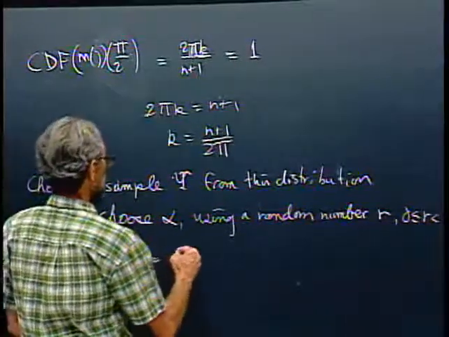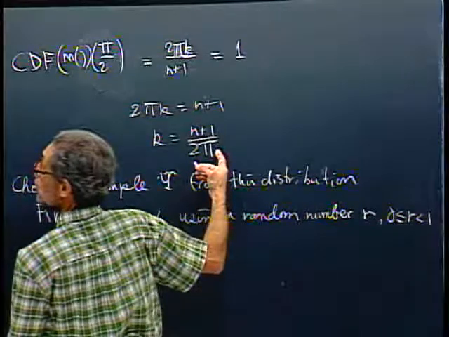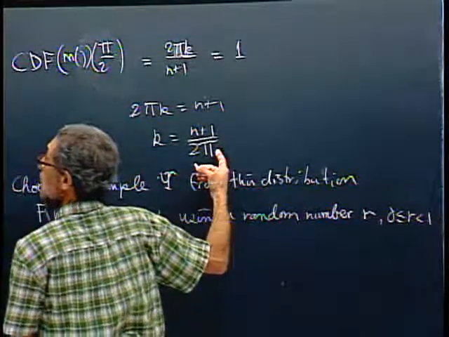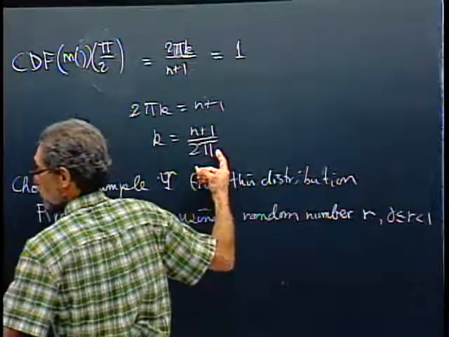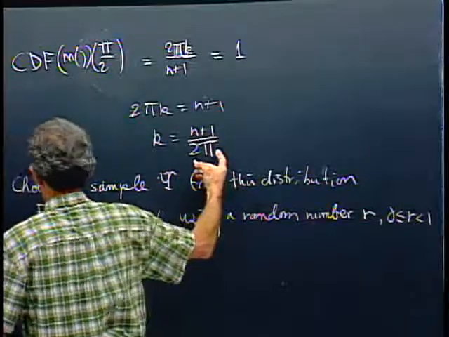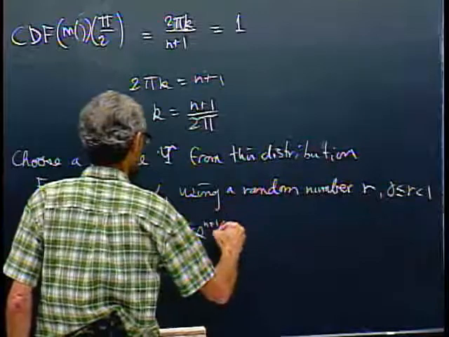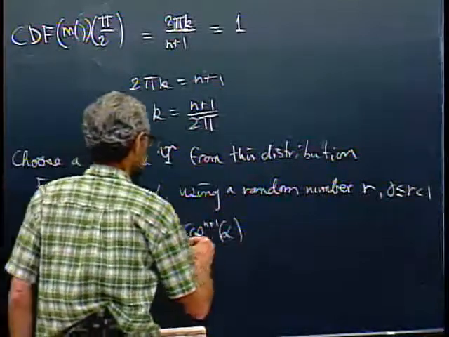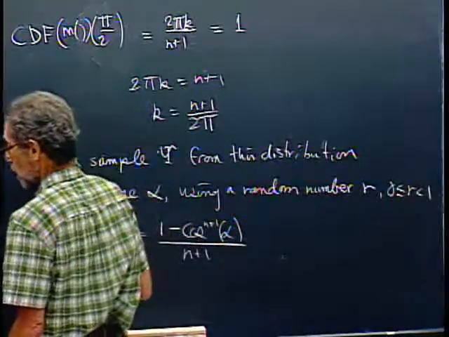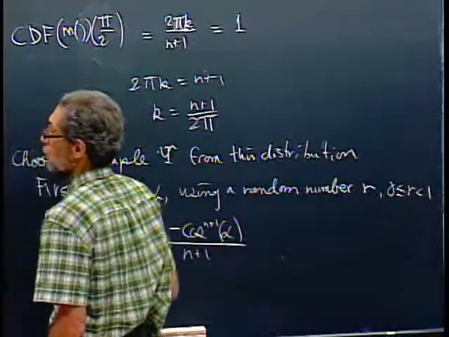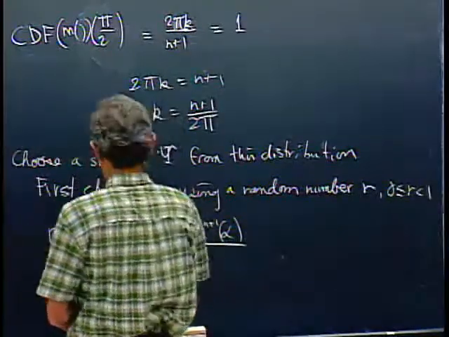And that means what we have to do is, let's see, my distribution function was 2 pi k times this thing. So it's 1 minus cosine to the n plus 1 of alpha divided by n plus 1, multiplied by 2 pi k.